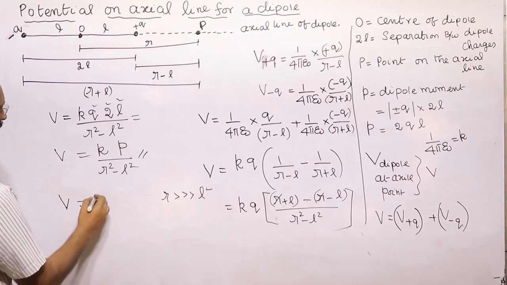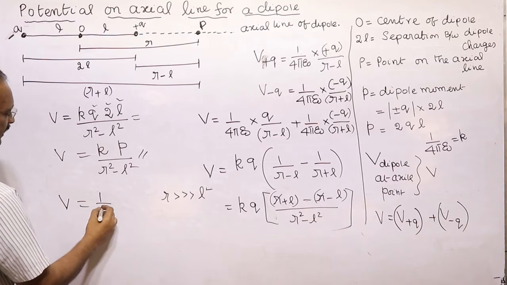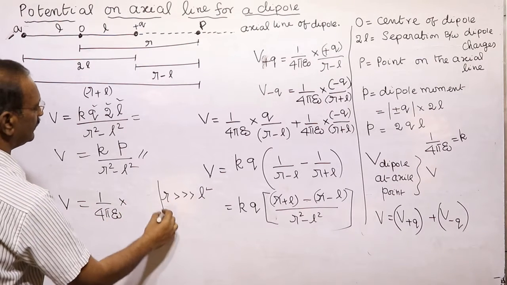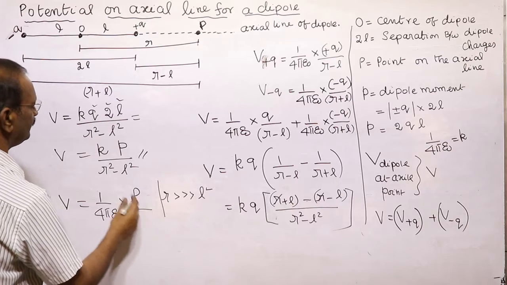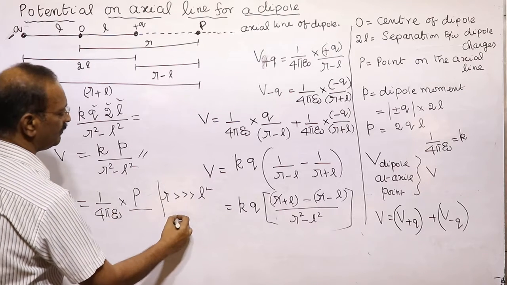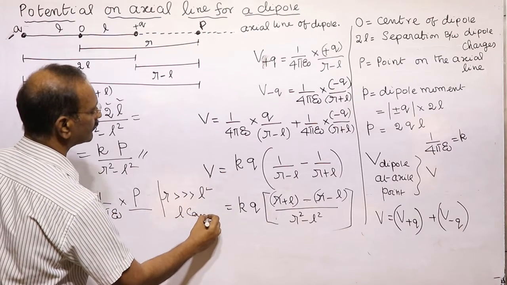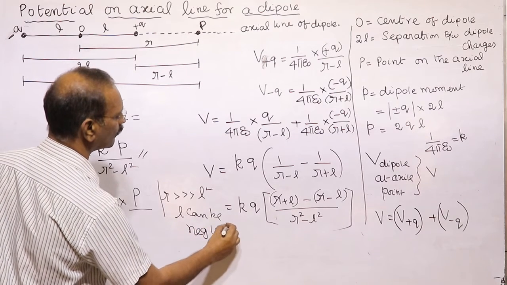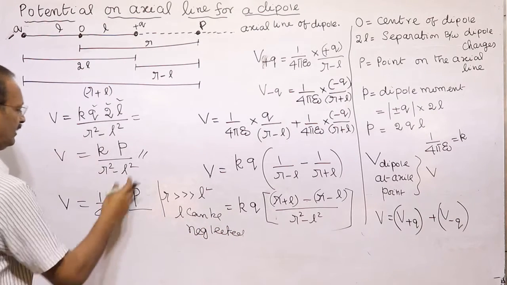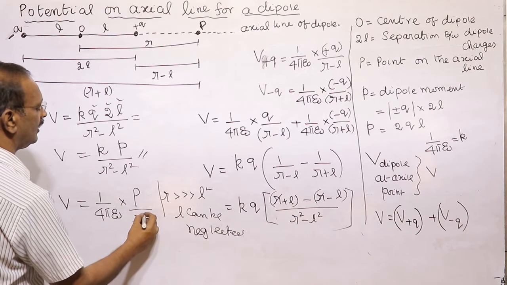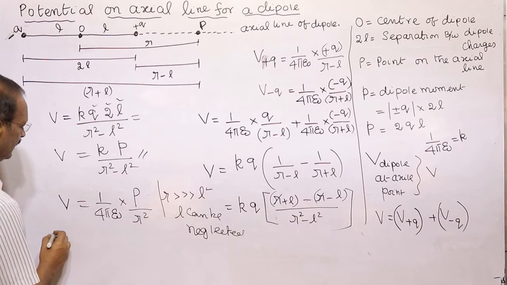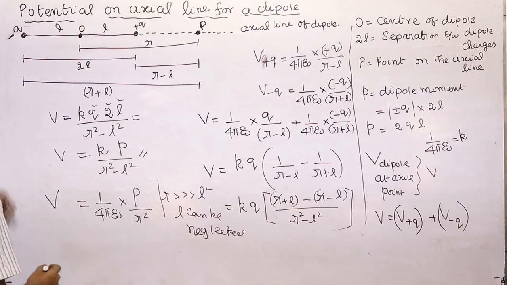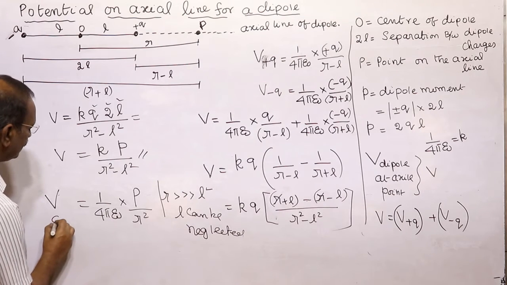So V is equal to k, and in place of k we can write 1 by 4 pi epsilon naught, into dipole moment divided by r square, since l is neglected. This is the potential due to a dipole at an axial point.